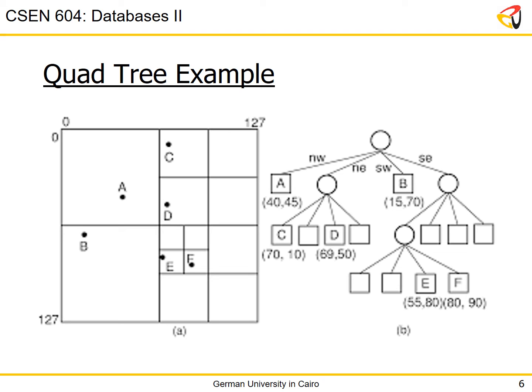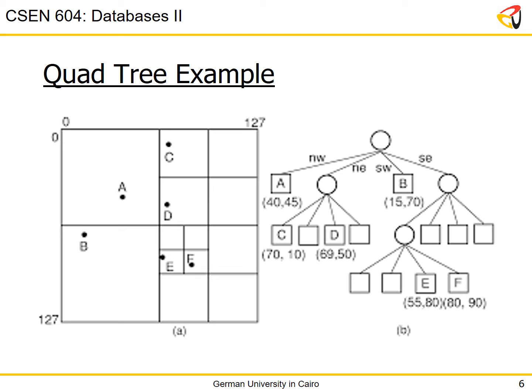So where it says A, I don't even need to store what is x1, y1, x2, y2, is going to be 0, 0, which is top left, and the midpoint of 127 divided by 2, so that's going to be about 63.5, or let's say like 63.